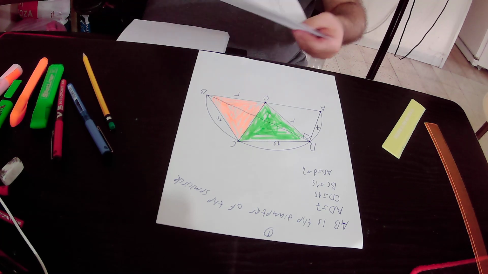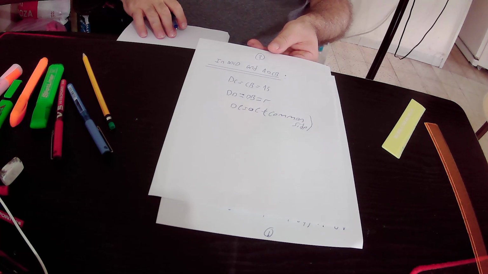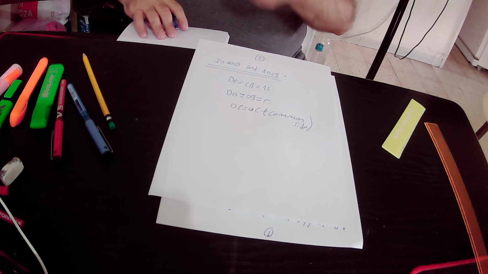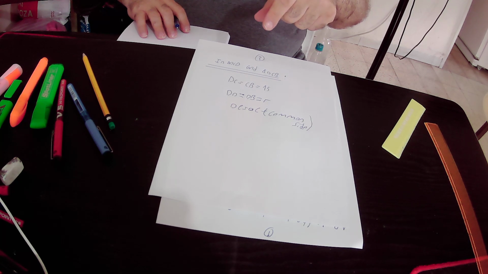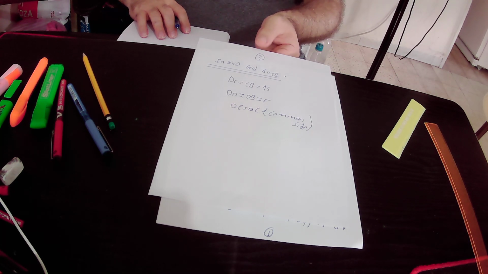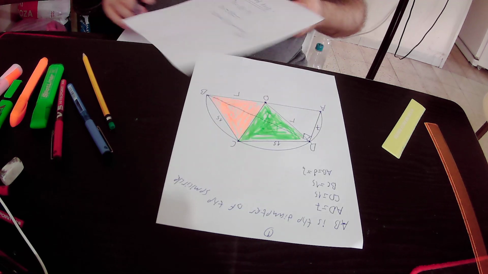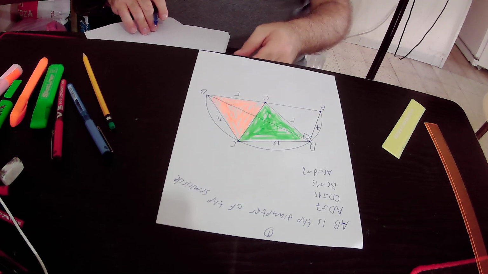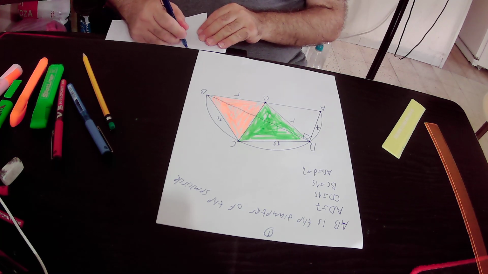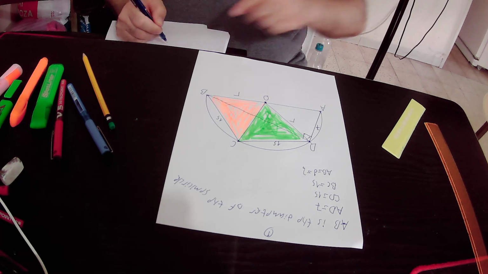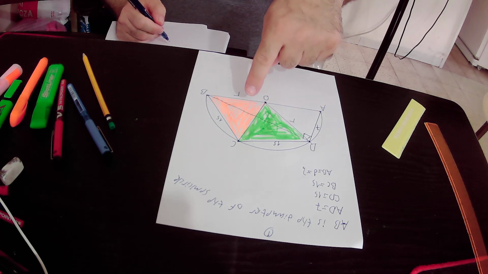So we actually proved that all the sides of the green triangle are equal to all the sides of the orange triangle. Therefore, we actually proved that the green triangle OCD is congruent to triangle OCB, the orange triangle.